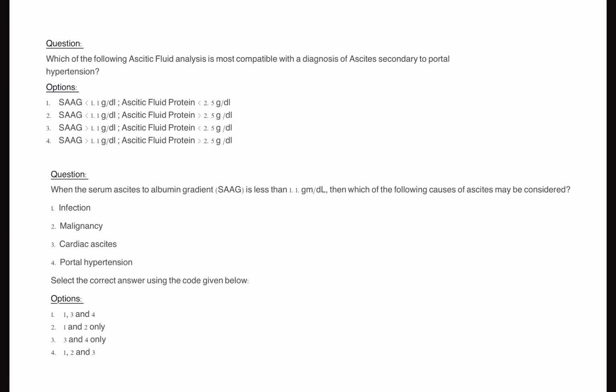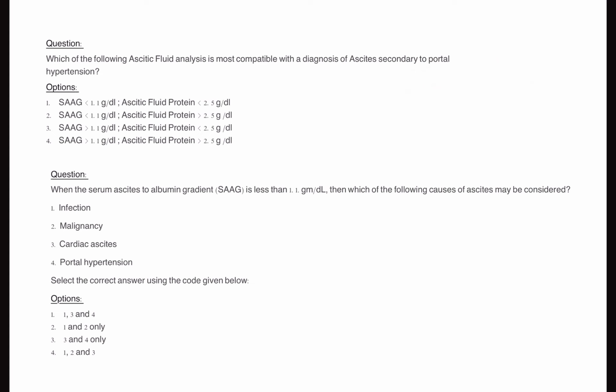Now let's try to solve a few of the MCQs which were asked in the UPSC CMS exam to have a fair idea what kind of questions are coming from this topic. Now you see, which of the following ascitic fluid analyses is most compatible with diagnosis of ascites secondary to portal hypertension? That means the SAAG value should be more than 1.1 gram per deciliter. Okay, right?